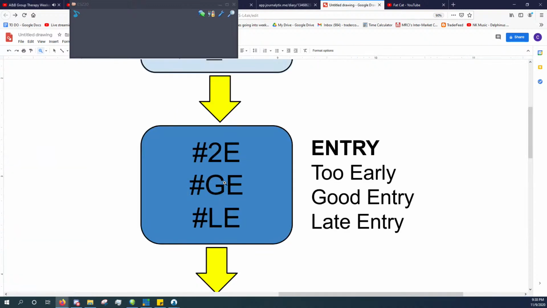Okay? It was a good entry. The entry system on this is different. It's either too early, good entry, or late entry.